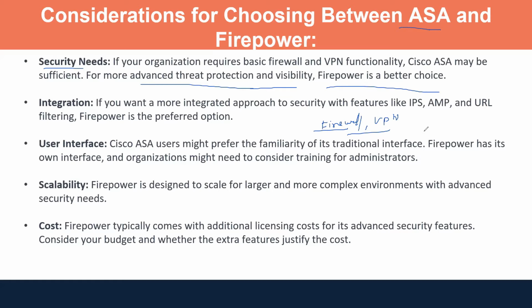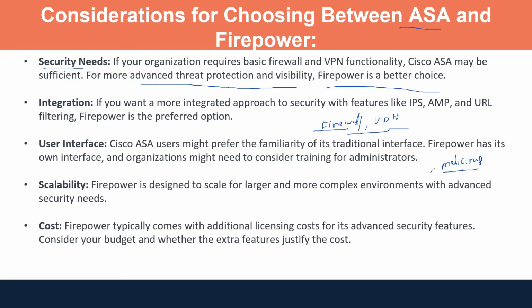When I say advanced protection from threats, let's say a malicious IP is trying to access your network. Your Cisco ASA firewall would not be able to catch that malicious IP. However, your Firepower would be able to catch that because it has an advanced protection system that can identify the malicious IP from a database.